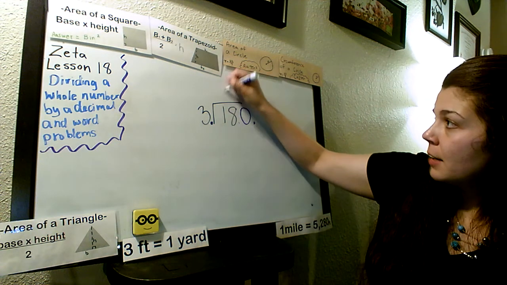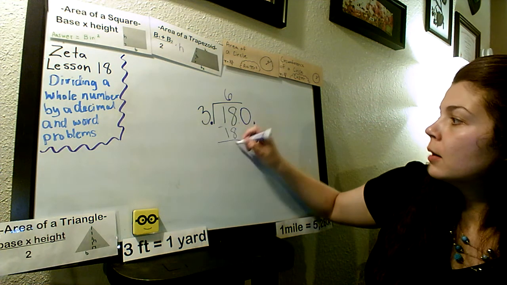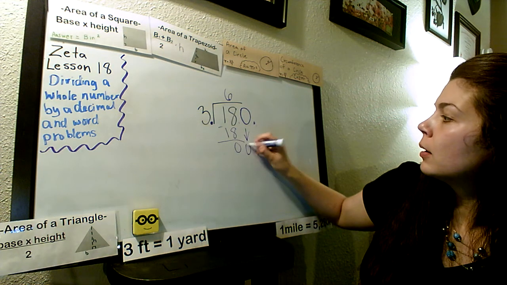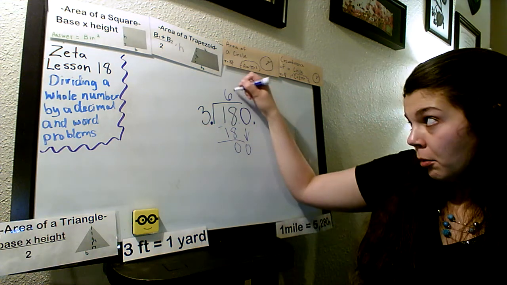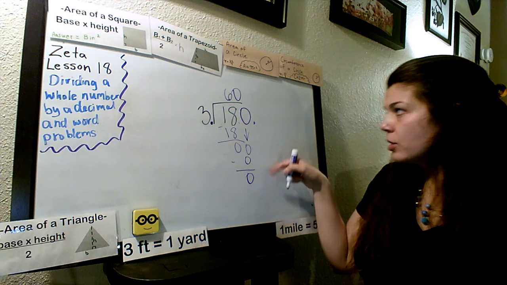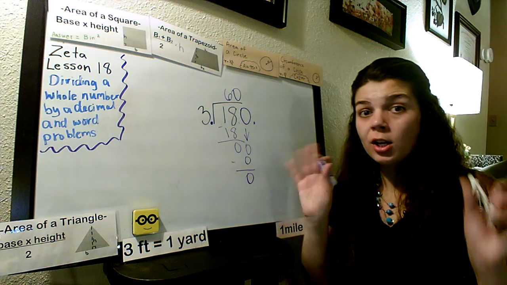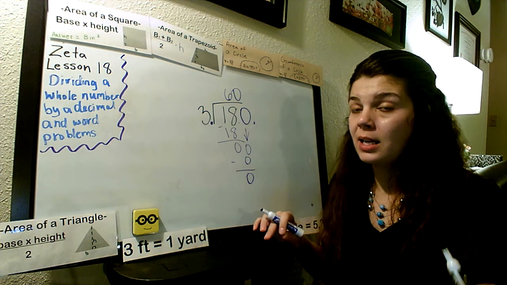Okay, 3 times 6 is 18. Okay, how many 3's go into 0? 0. Minus 0 equals 0. I have nothing else to drop. I'm at my point. Score. I've come out clean.